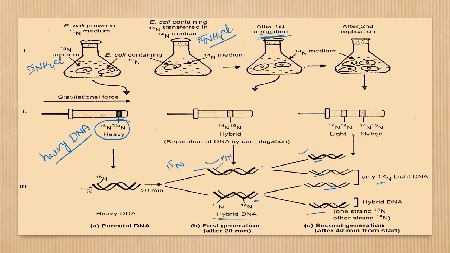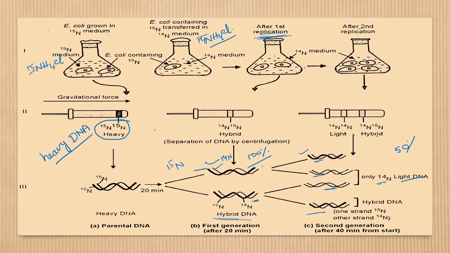That means in the second generation it becomes 50%, but in the first generation all are 100% hybrid. In the second generation, 50% is hybrid and 50% is normal light DNA.